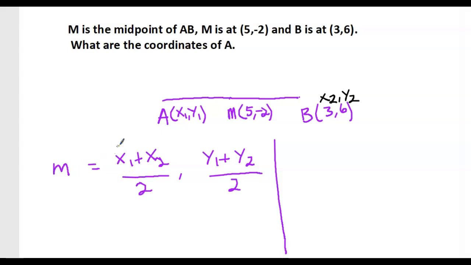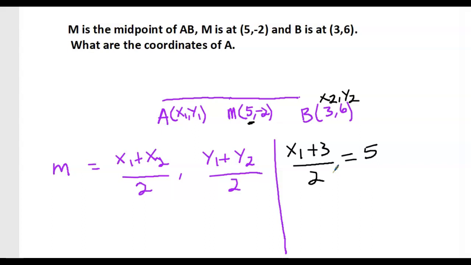We know the midpoint, so we are considering the x here. So we have x1, which we don't know, plus x2, which happens to be 3, and we divide it by 2, and it must equal this point here, 5. So we want to solve for that.